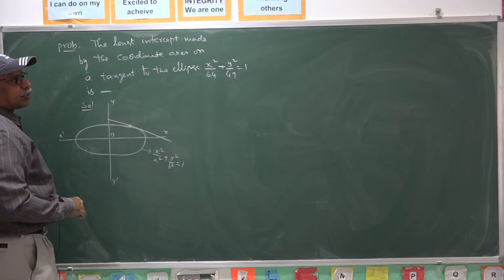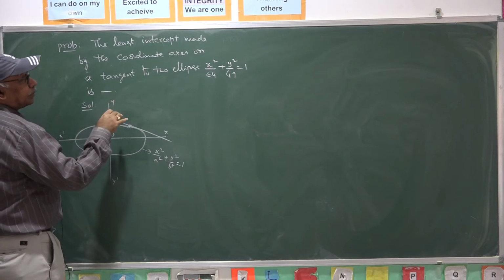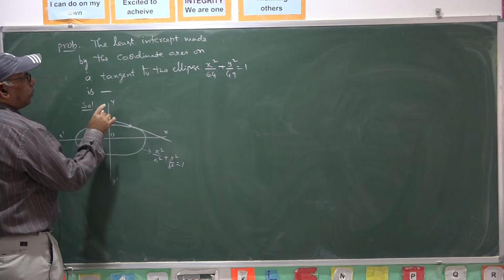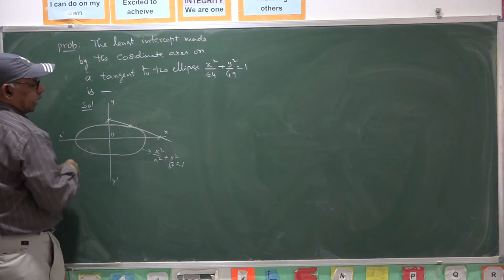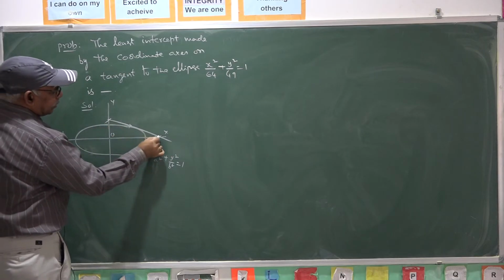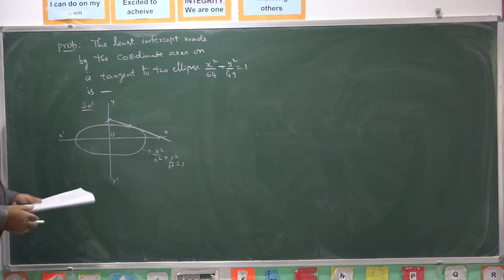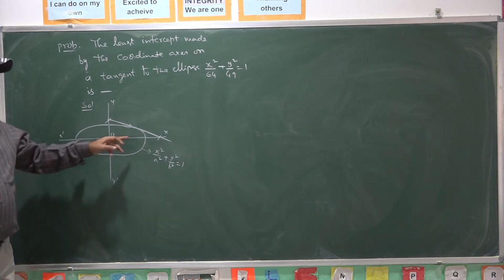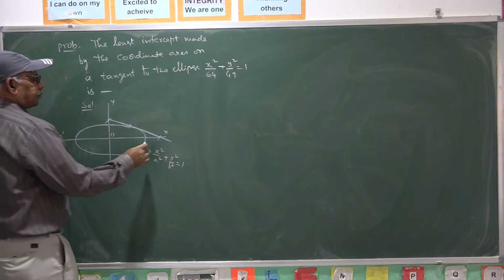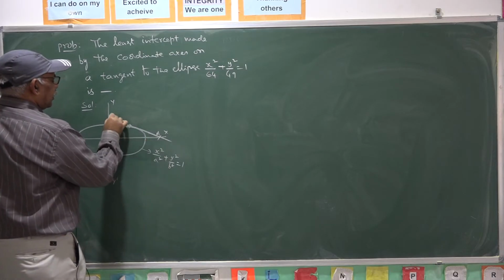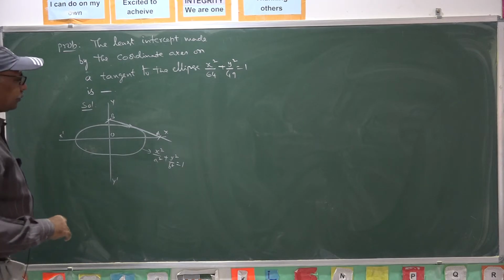The least intercept made by the coordinate axis on the tangent means this length must be minimum. That means this AB is to be minimized here.